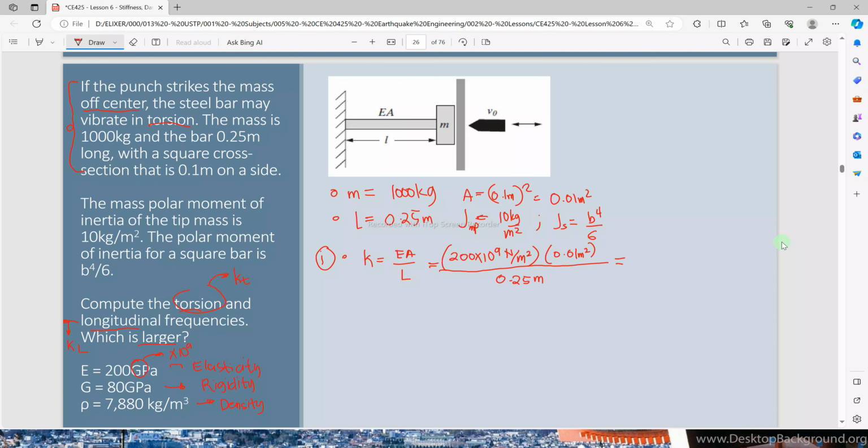So the axial stiffness is equal to 8 times 10 to the 9 Newton per meter.